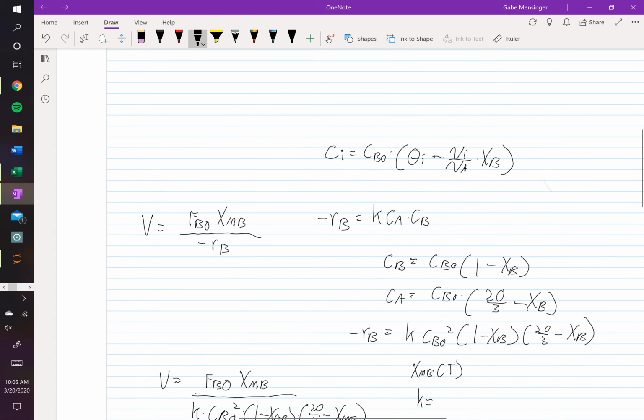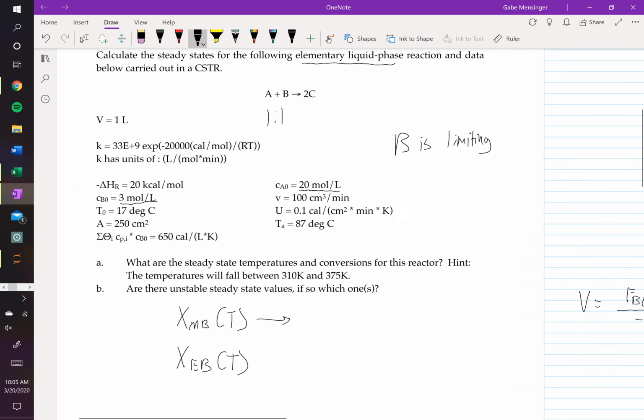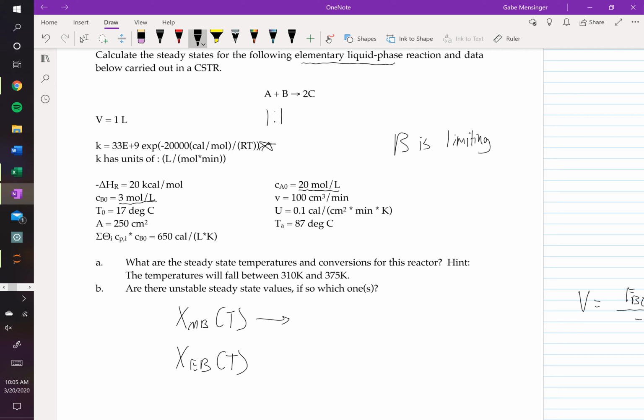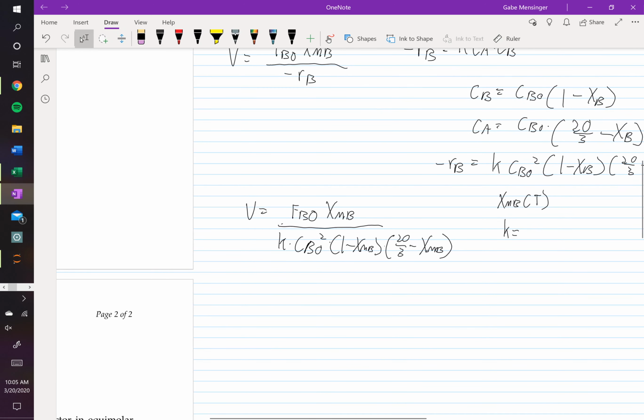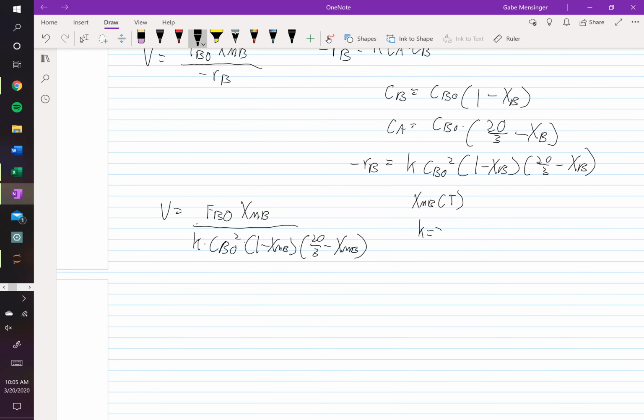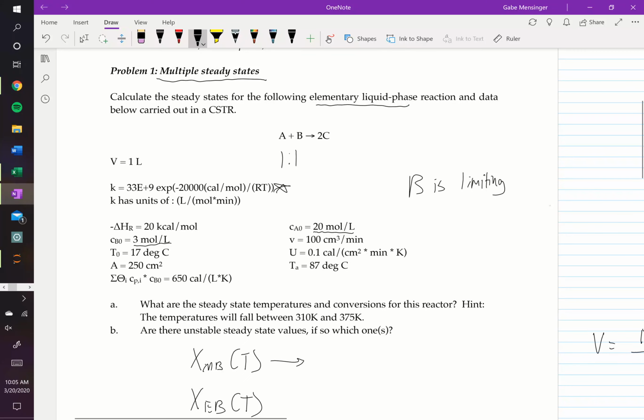And we know the relationship of K with temperature. We're given it right here. Make sure I write it correctly.